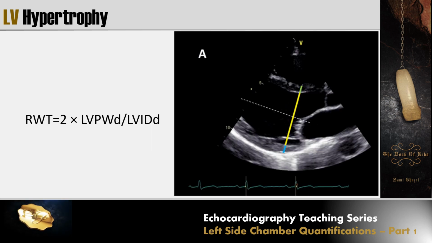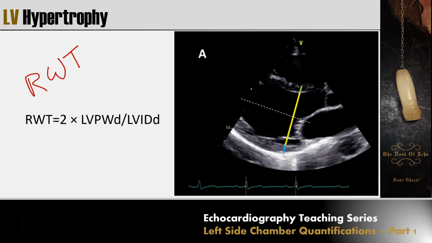Before we understand and digest LV hypertrophy, we need to know the relative wall thickness. Relative wall thickness is the ratio of the muscle thickness to the LV cavity.